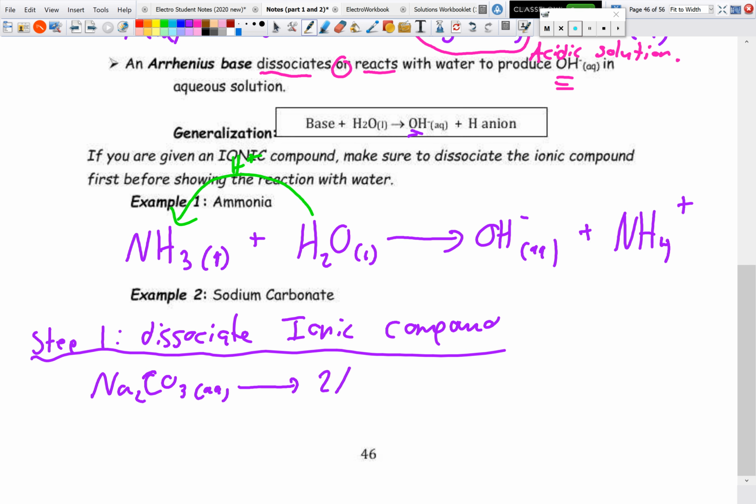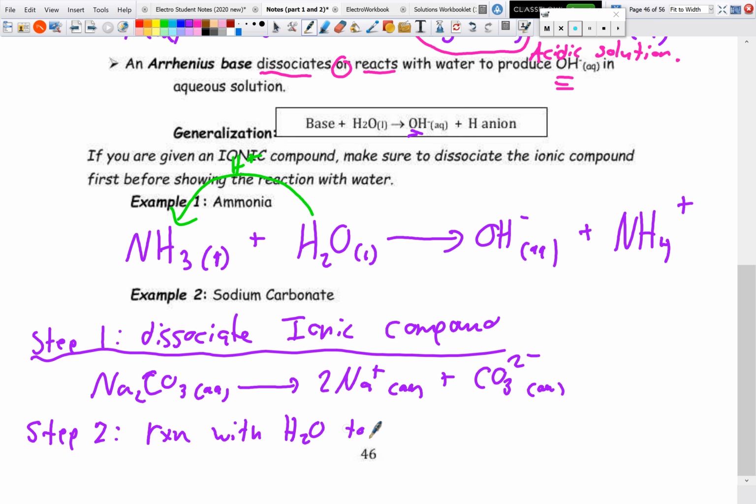It's going to dissociate into 2 sodium ions and our carbonate ion. Now we'll notice that we do not see hydroxide here. So step 2. We're going to get a reaction with water to produce our hydroxide.